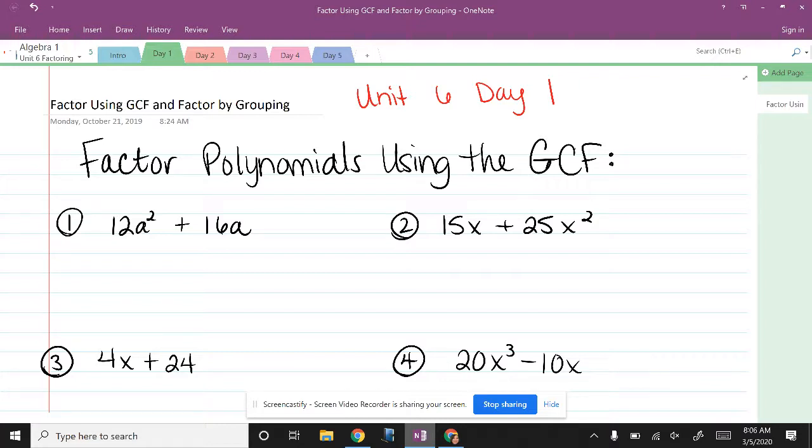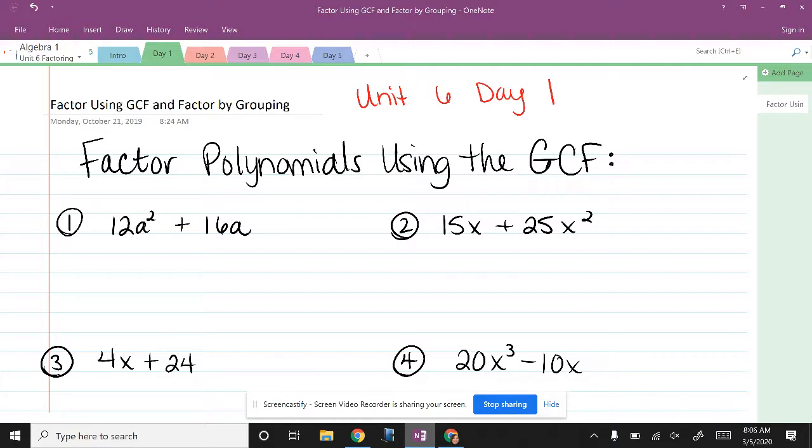When we factor 12a squared plus 16a, that's a binomial, we are going to break it down to see what multiplied to get that binomial. The way we're going to do this today is by looking for the greatest common factor. We want the greatest common factor that goes between these two terms.